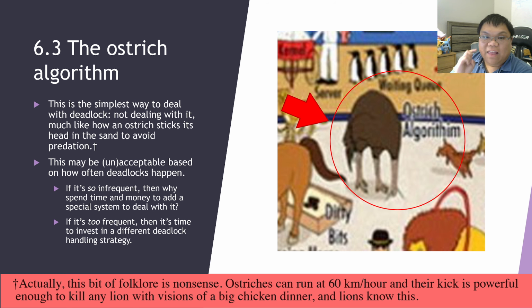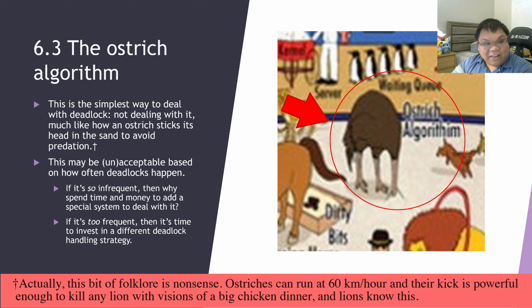Thing is, ignoring deadlock may or may not be acceptable based on how frequently it happens. If a serious deadlock only happens like once every year, why spend time and money to implement a system that would deal with it?